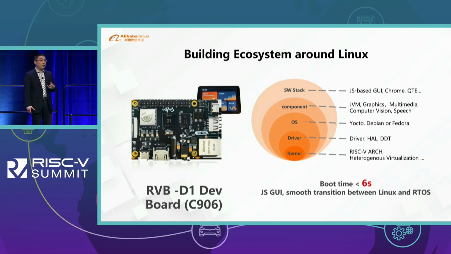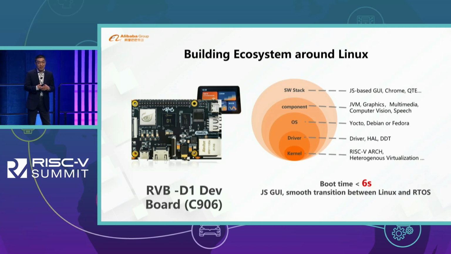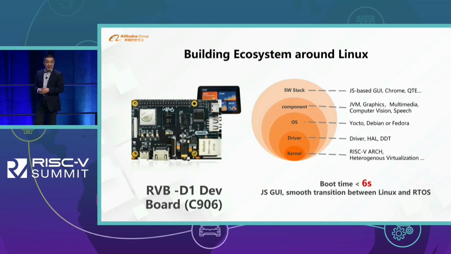We also work with our customers and RISC-V International to distribute this board to our community around the world, including universities and research institutions as well. We found the software work, the Android work we did with this machine, can smoothly make the transition between Linux and RTOS as well.